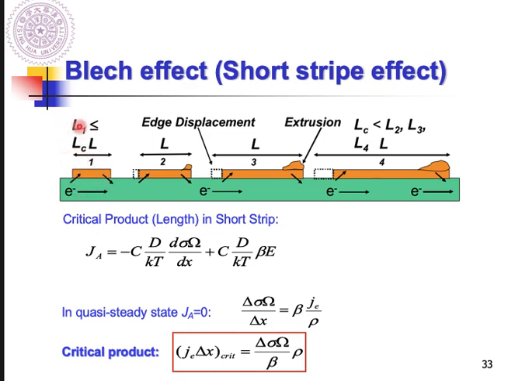As long as we know the critical length, we can design the interconnect or conducting line to be below this critical length to avoid the extrusion and void formation, right? So how to estimate this critical delta x, the length?